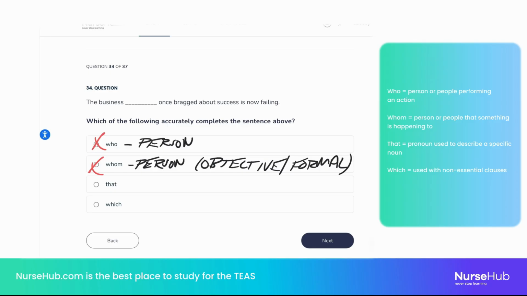Now that is a pronoun to describe another specific noun. So this one is for a specific noun. And again, a noun is a person, place, thing, or idea. A business is a thing. It looks pretty good, but again, we're not sure.